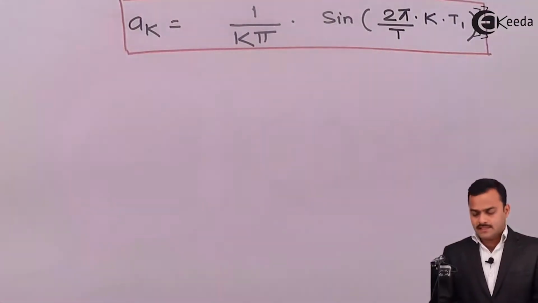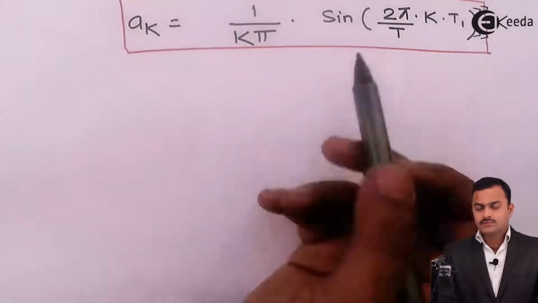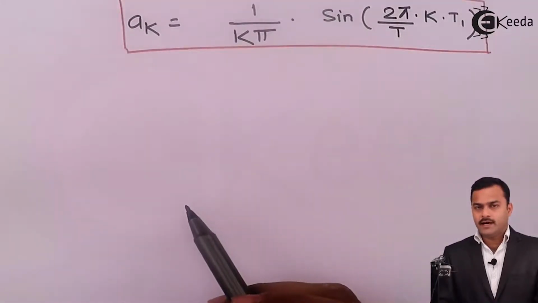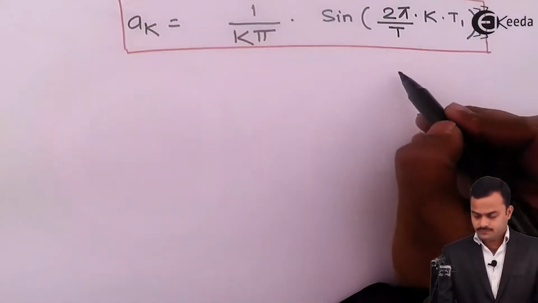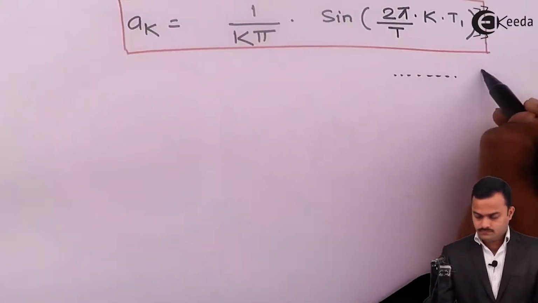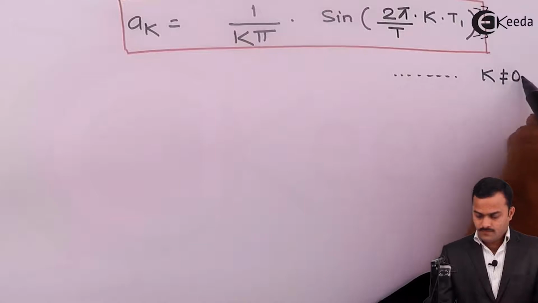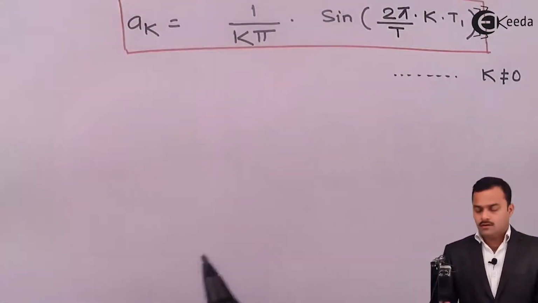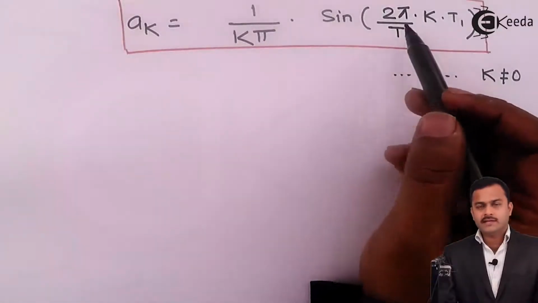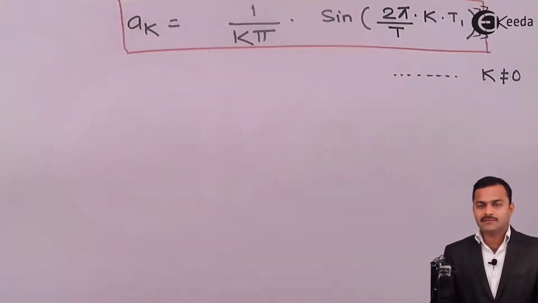Now the problem is that over here this is valid for k from minus infinity to infinity except k equal to 0. Because if I put k equal to 0, this is 1 upon 0, this is sin 0. So in the end we are getting an indeterminate form.